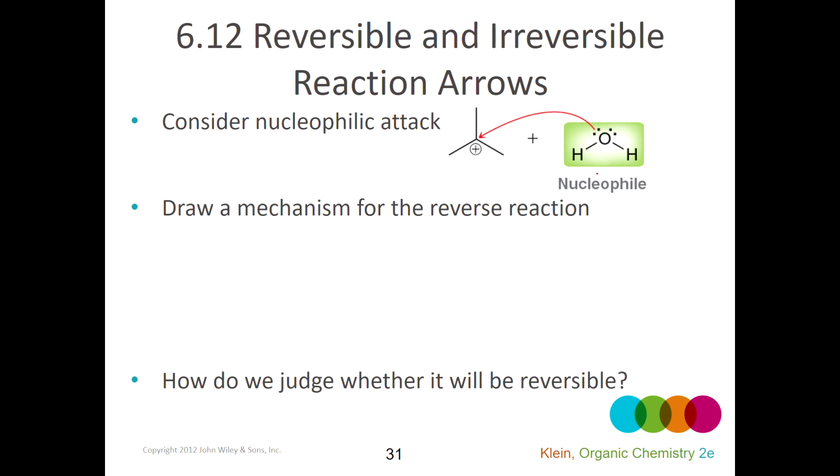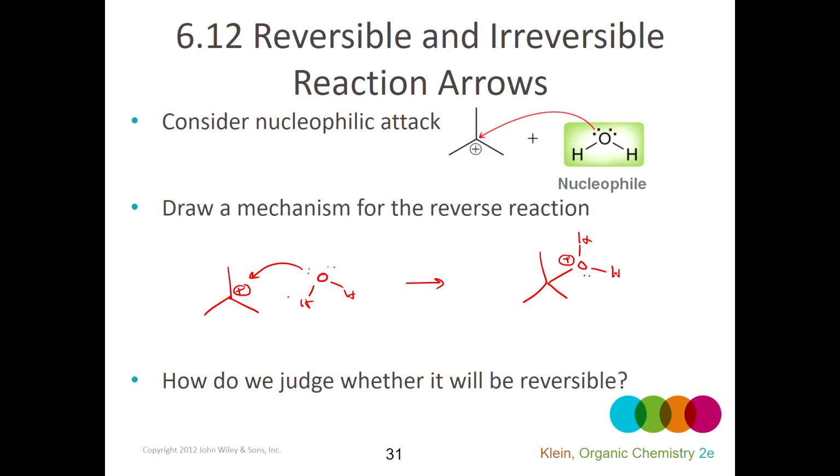So let's imagine quickly a nucleophilic attack. The nucleophile attacks, and if we create this structure here, is that reversible? Sure. I don't expect you to know that yet, but through the examples we'll talk about over time, you'll develop that skill.